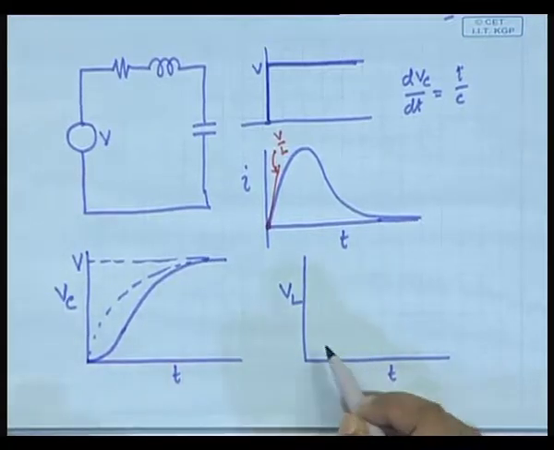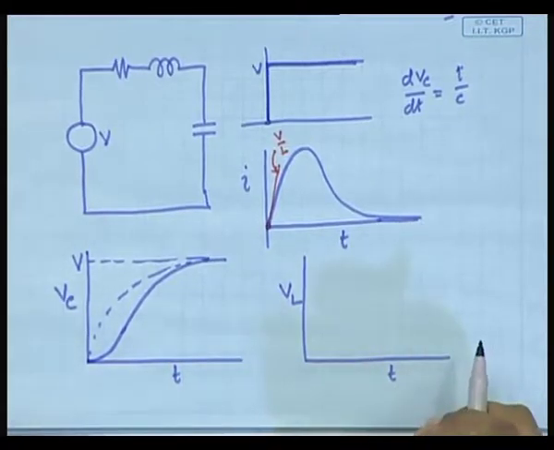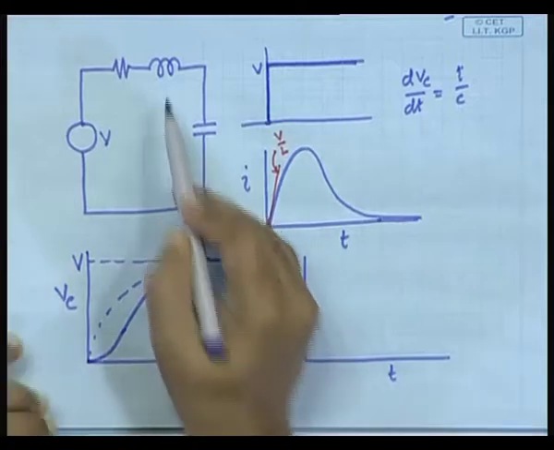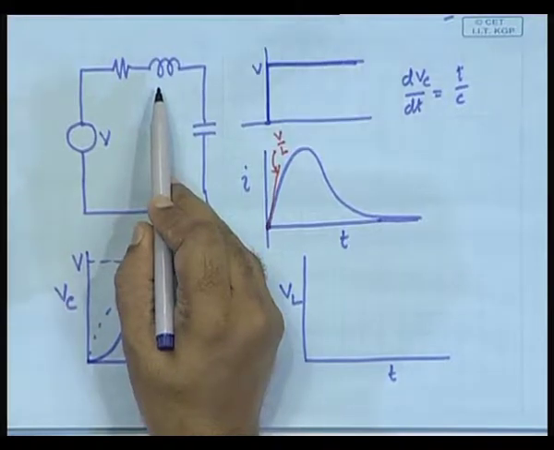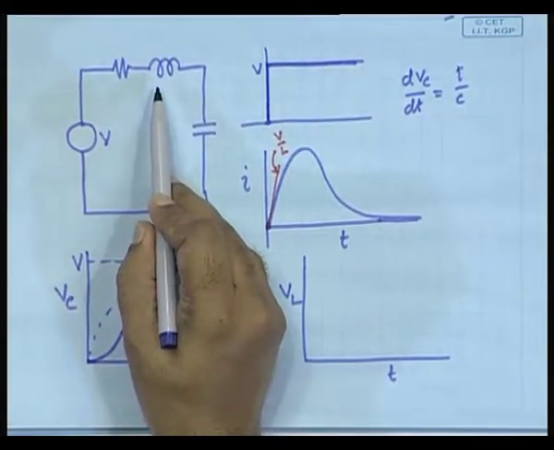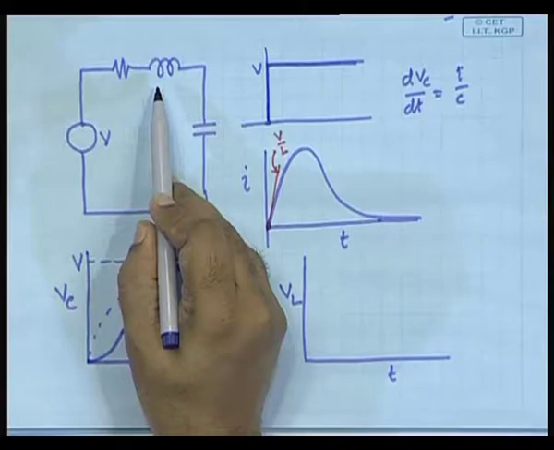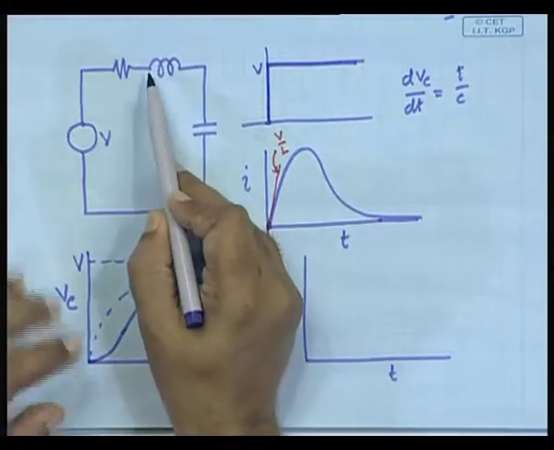Now, come to VL, what should be the waveform like? It should be going down and up. Okay. How would you decide about this one? Ultimately, you have to talk about when it starts, what is the value of VL. VL is L di dt.